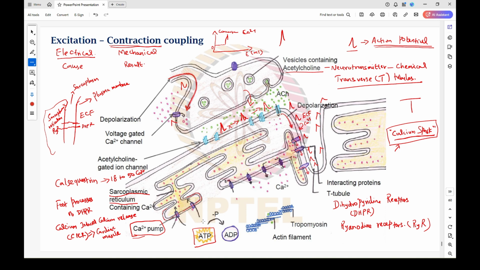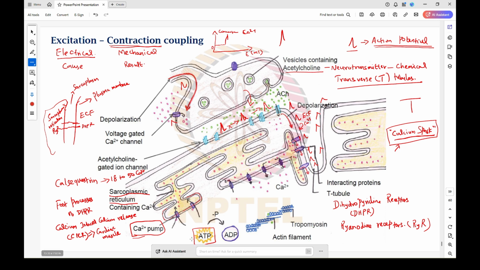There are pumps for influx of calcium. So channels don't necessarily need an energy component, whereas pumps have an energy component to them. In general, pumps across any membrane utilize some sort of energy currency.